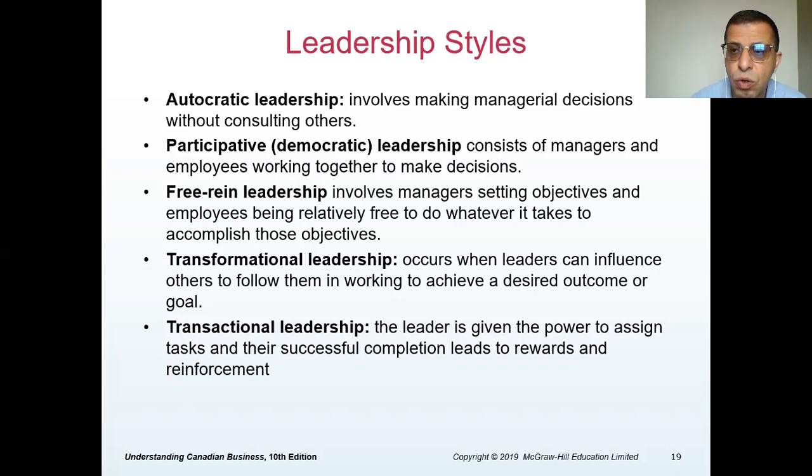And then you have transactional leadership, where the leader is given the power to assign tasks. Okay, you do that, and if they're successful in completion, it leads toward reinforcement. So he assigns tasks, and if anybody succeeds, he's going to give transactional rewards and reinforcement.